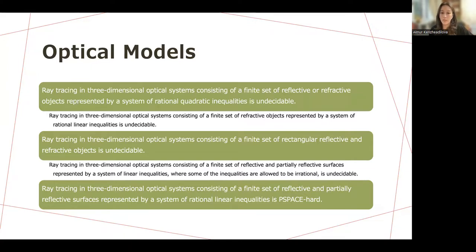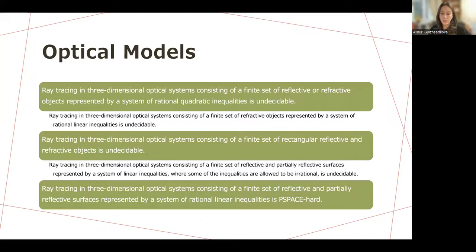Also the same, but where the refractive objects are represented by a system of rational linear inequalities, can also be undecidable. And a set of rectangular, reflective, and refractive objects is also undecidable.